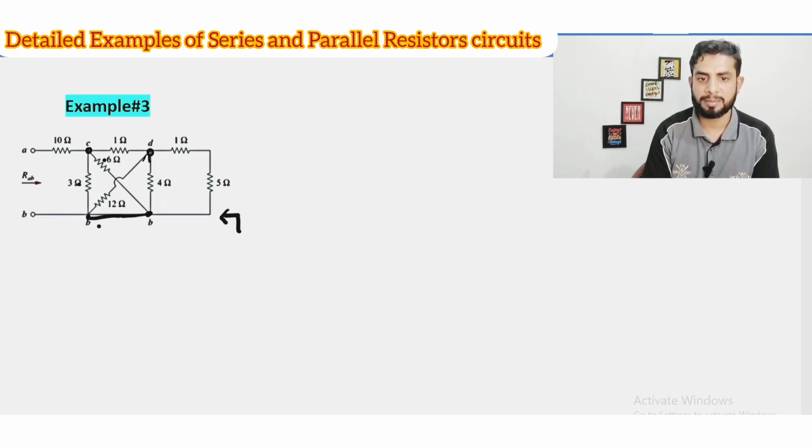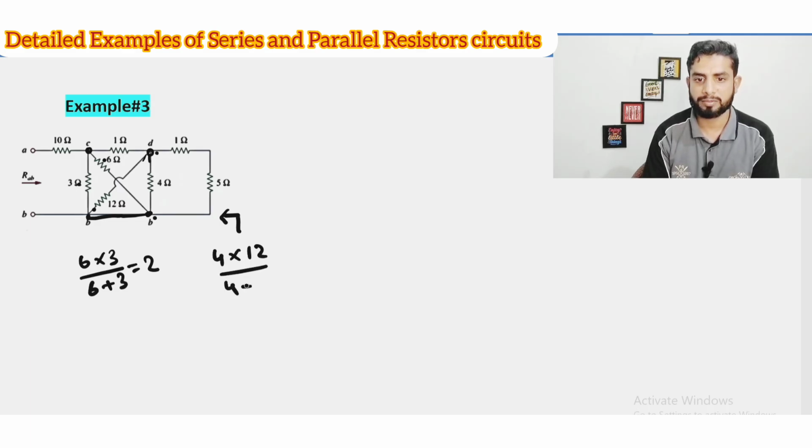So solve them and write their values. 6 and 3 value will be between them, and 4 and 12 value will be between them. So 6 and 3 is 6 multiplied by 3 divided by 6 plus 3, because they are in parallel. This is 2 ohm, and 4 and 12 was 4 into 12 divided by 4 plus 12. It is 3.